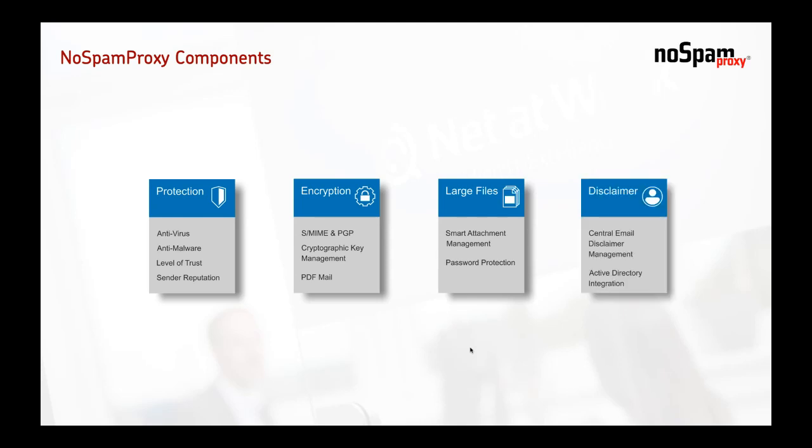The last one is NoSpamProxy Disclaimer. And this is a central email disclaimer management. We can attach texts, pictures, whatever you like, to an email on a central rule-based basis. And of course, we have an Active Directory integration so that everything can be done in a rather automatic mode.